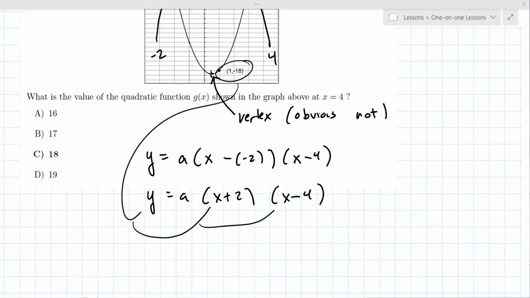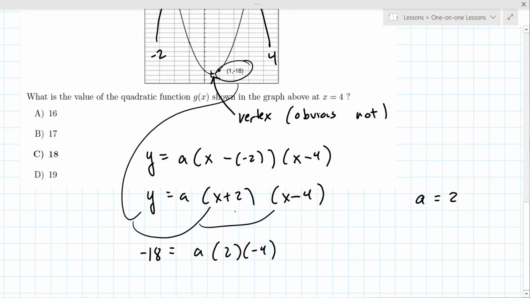Okay, the closest is a, but I got -16. Okay, so the issue, this one definitely opens up. So a is definitely positive. What did you get for a value of a? 2. Okay, so let me just check that. -18 equals a times 2 times -4.